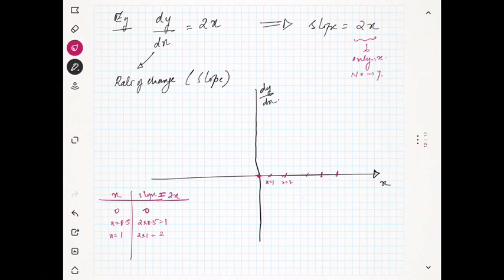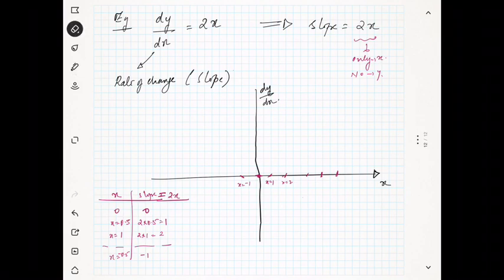Similarly, for the negative values, suppose for example x is equal to minus 0.5, then the slope is equal to minus 1. So you are exactly getting something like this. This is the slope, minus 1, right?